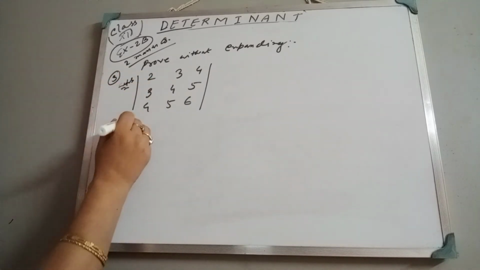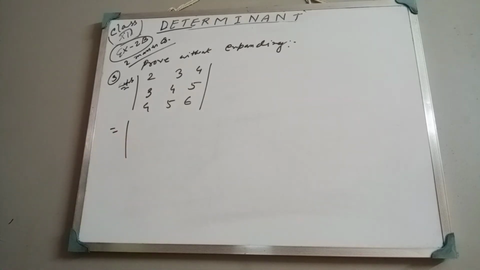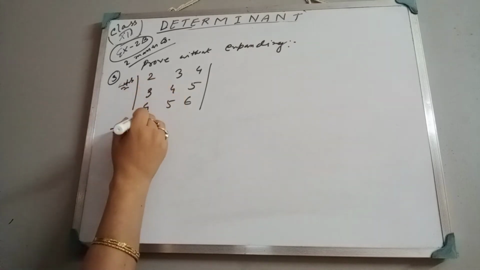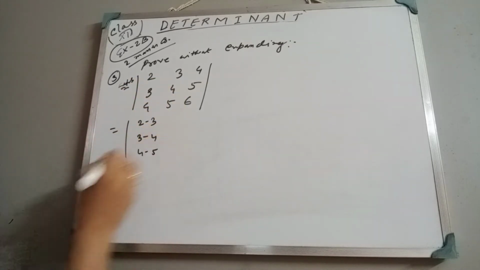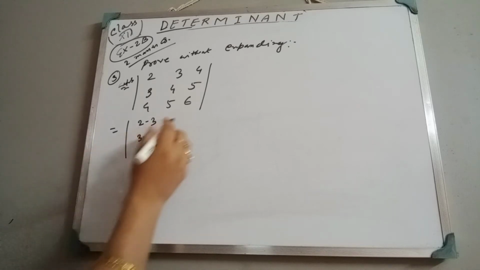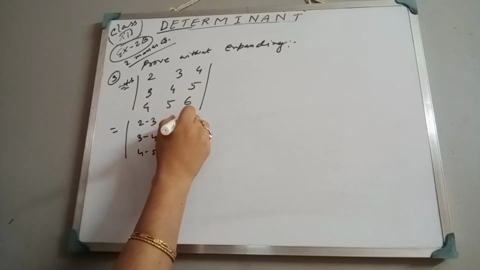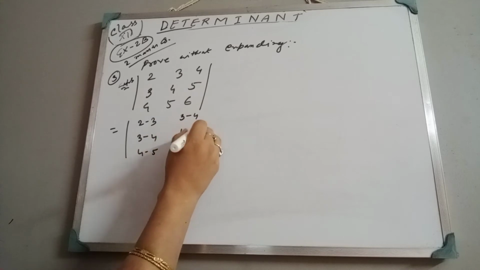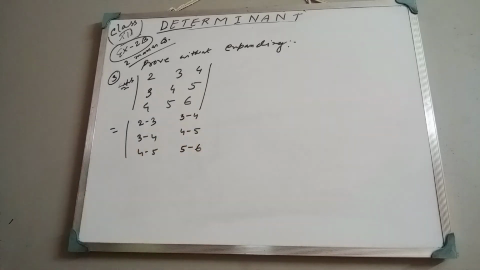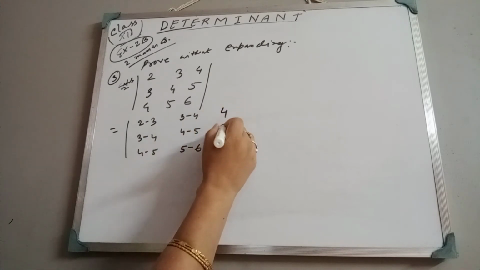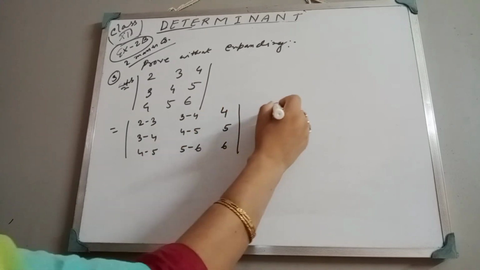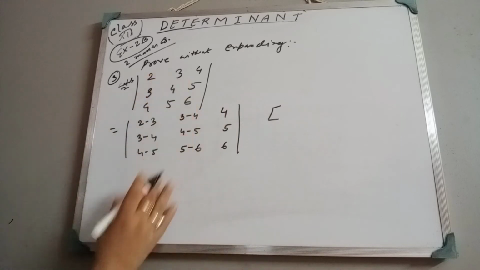So at first let me write C1 dash, that means 2 minus 3, 3 minus 4, 4 minus 5, and the second column also I want to change, so it will be 3 minus 4, 4 minus 5, 5 minus 6. And the third column, there will be no change. Here we have to write what operation we have given.